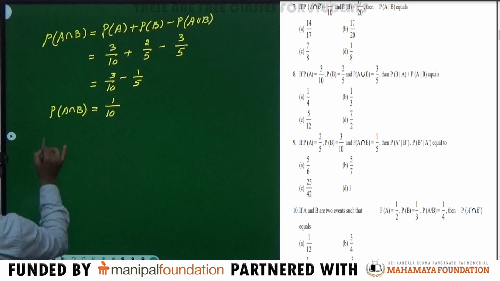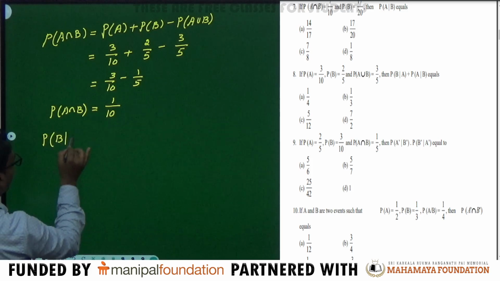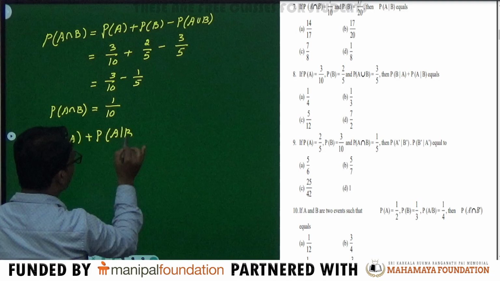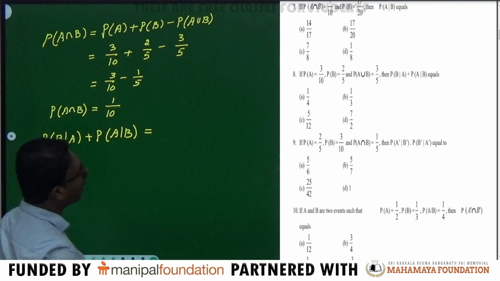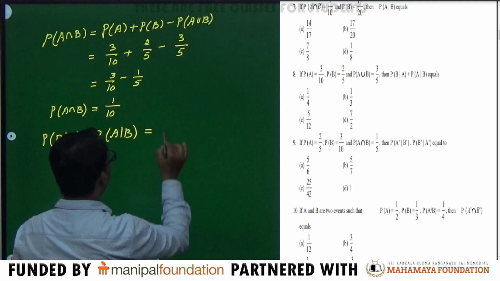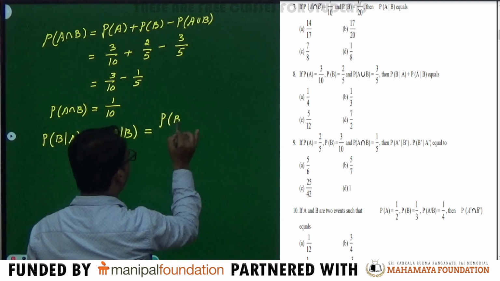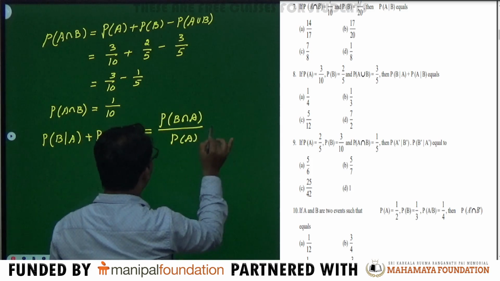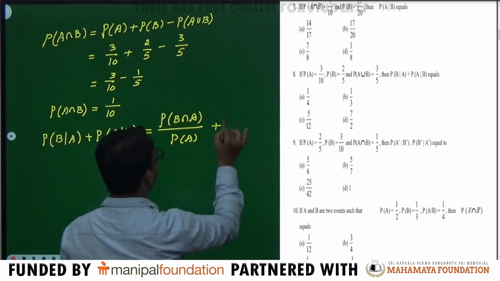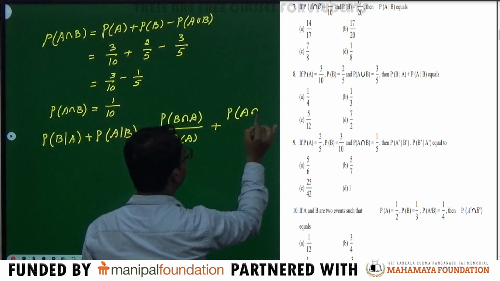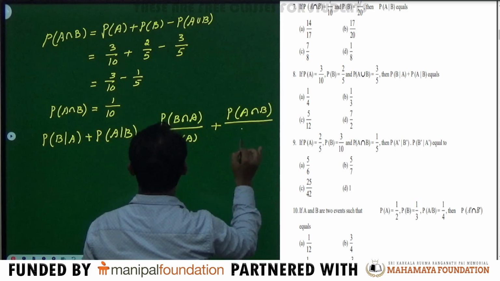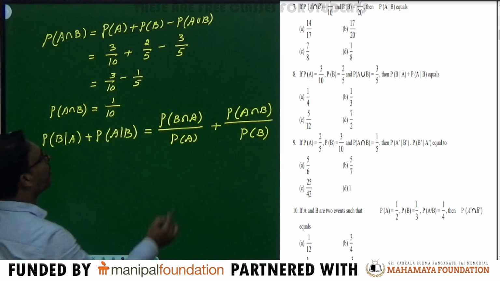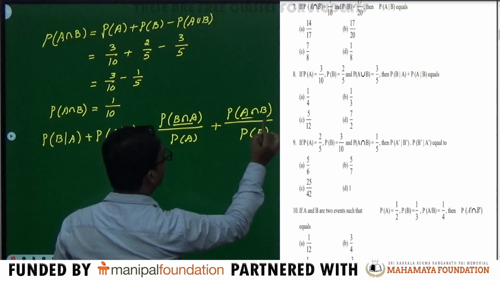Therefore, the value of probability of B bar A plus probability of A bar B is equal to, when we apply the formula, probability of B bar A is probability of B intersection A upon probability of A, plus P of A bar B is P of A intersection B upon probability of B. We know that intersection is commutative, therefore B intersection A and A intersection B both are the same.